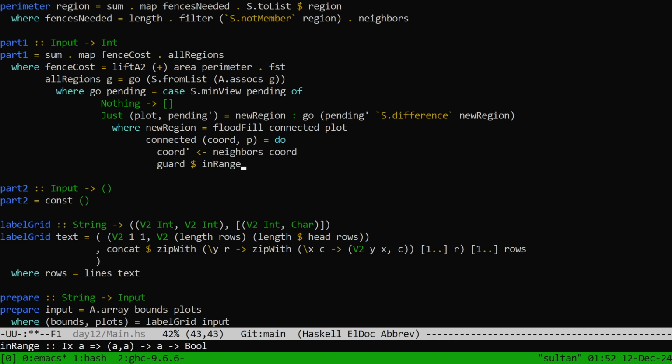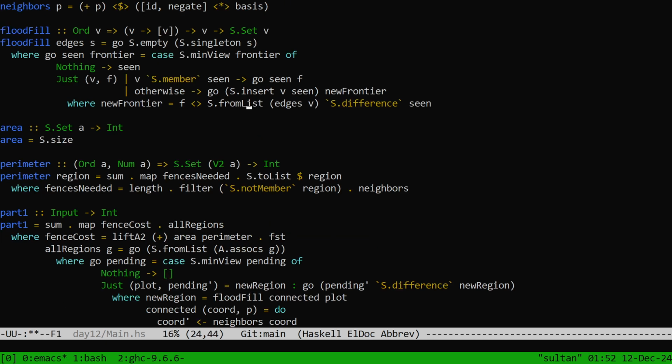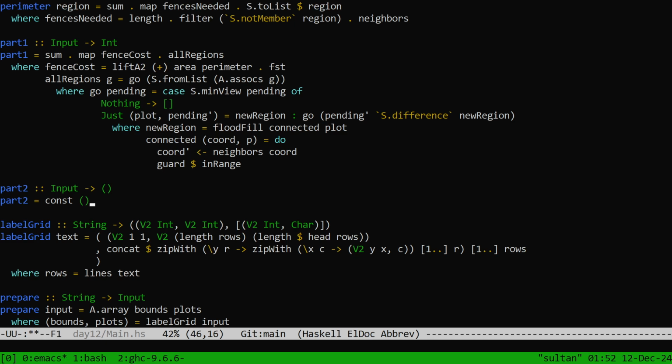Okay. Guard that in range, oh, wait a minute. I haven't even, my input is an array. Okay, I haven't extracted the bounds yet, but I can do that because I have G in scope. So let's see.